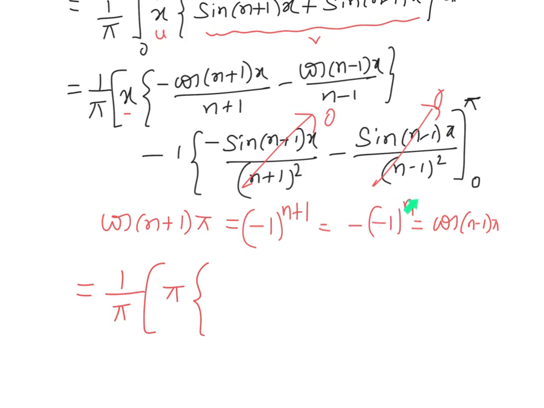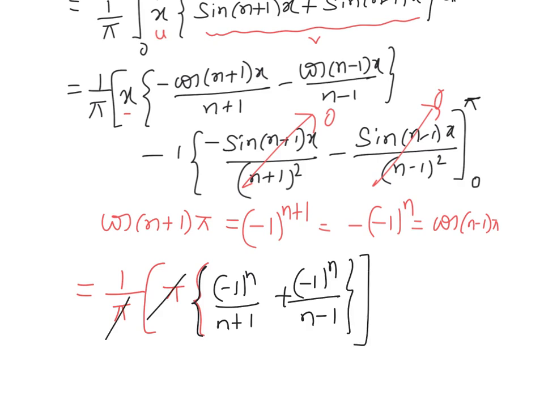So that is minus of minus 1 power n. This minus eliminates, we get plus minus 1 power n divided by n plus 1. Similarly, plus minus 1 power n divided by n minus 1.